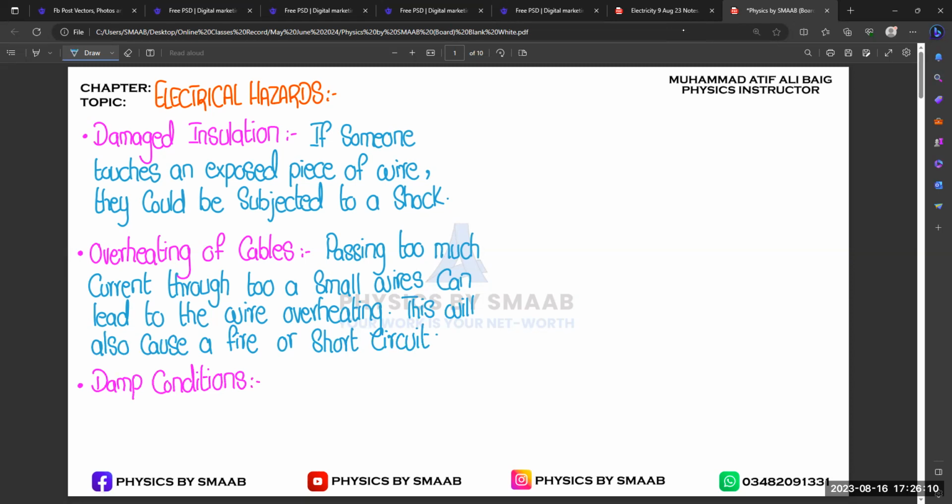So if moisture comes into contact with the live wires, with wires through which current is passing, this moisture will conduct electricity, right?